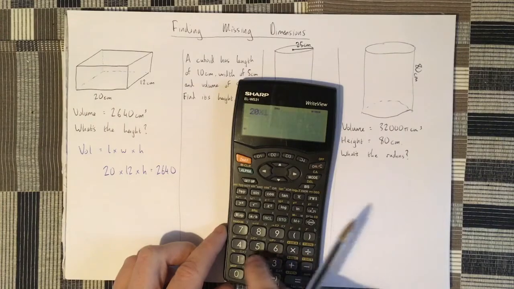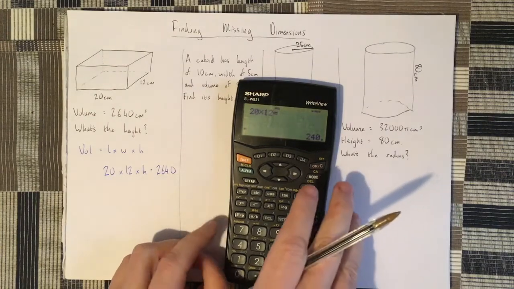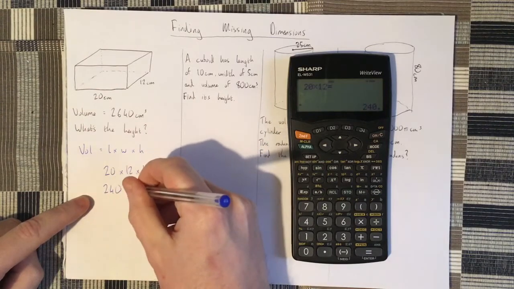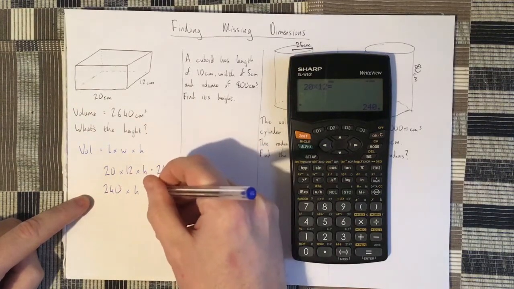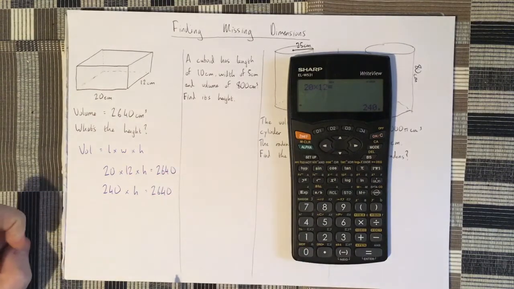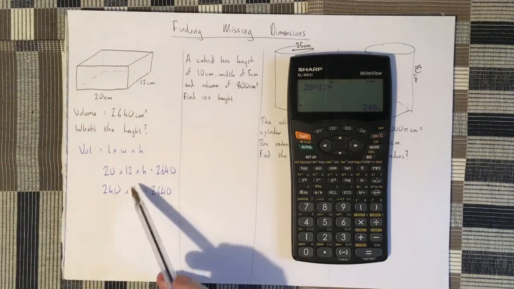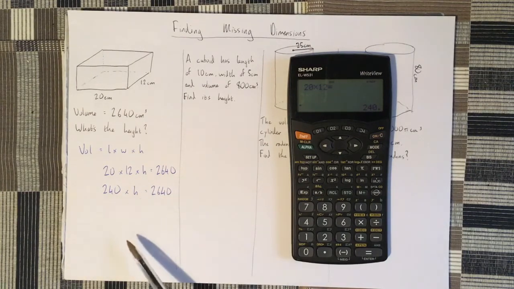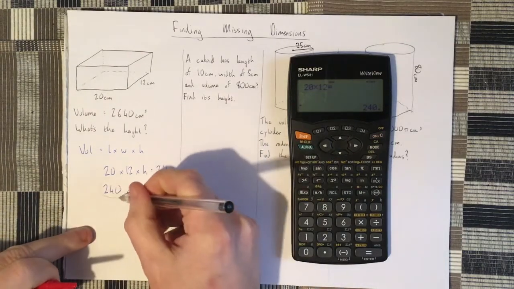Let's multiply together on the left hand side what I can. 20 multiplied by 12 is 240. So 240 multiplied by the height is equal to 2640. Now I want the height to be on its own. My answer is going to be height equals something, so I need to move the multiplied by 240.